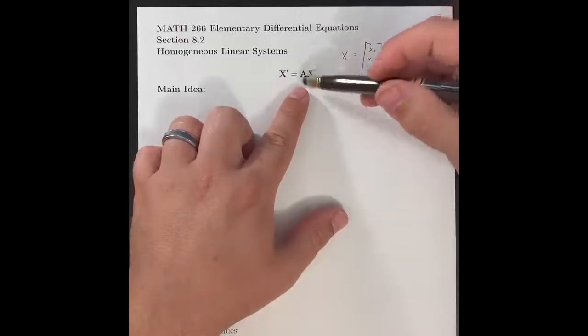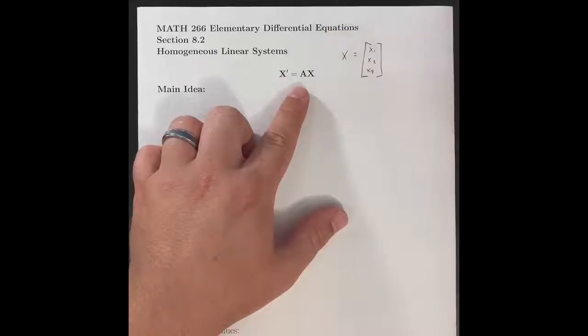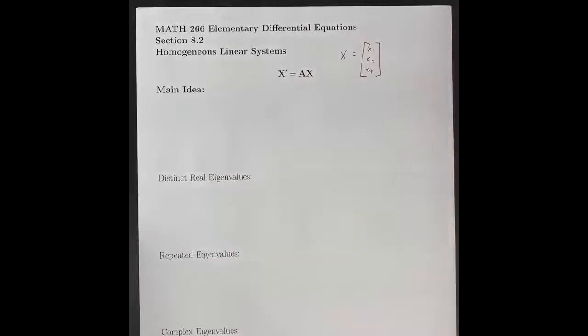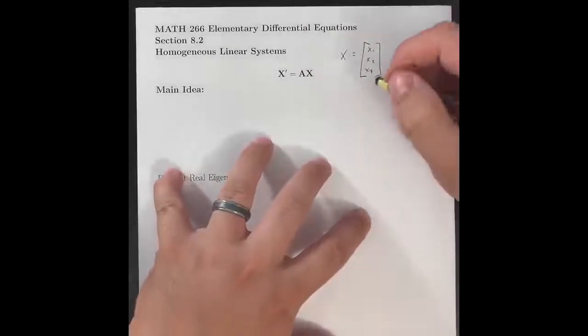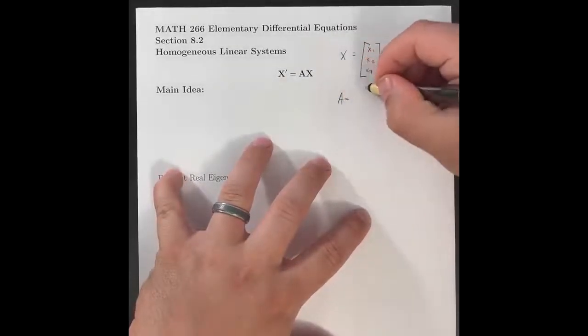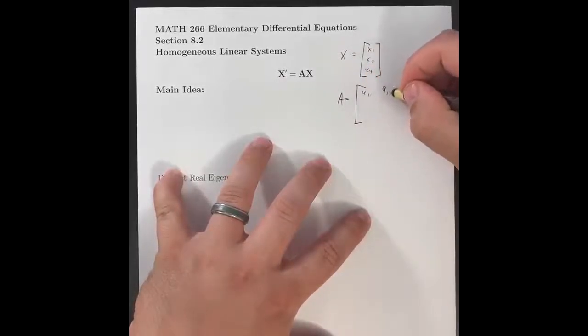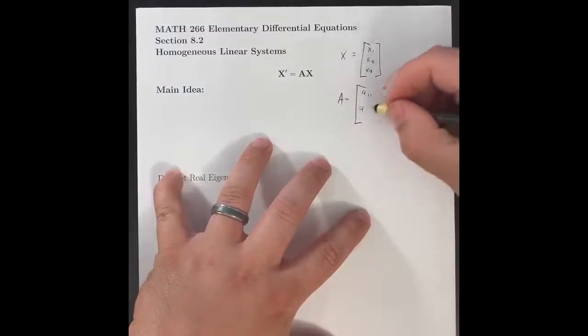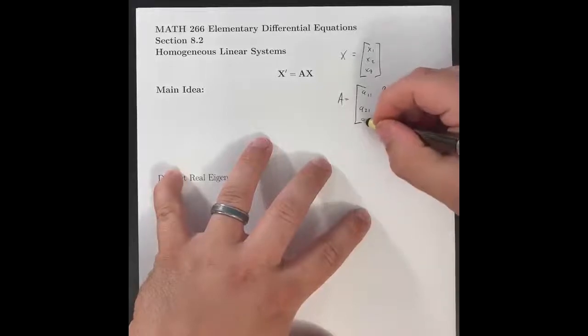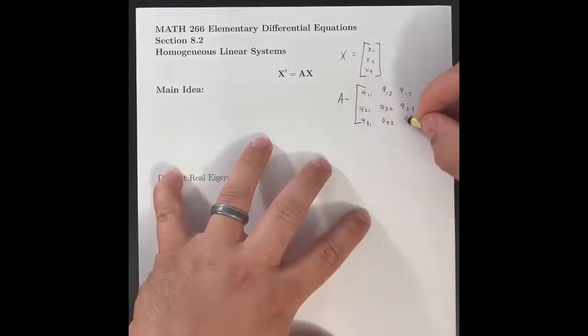If you had other things going on in A, that would require different techniques than we're going to talk about today. So in this case, A is just a square matrix of constant numbers. Just to be clear, A is some matrix, you could call it A11, A12, A13, A21, A22, A23, A31, A32, A33, where all these are numbers.